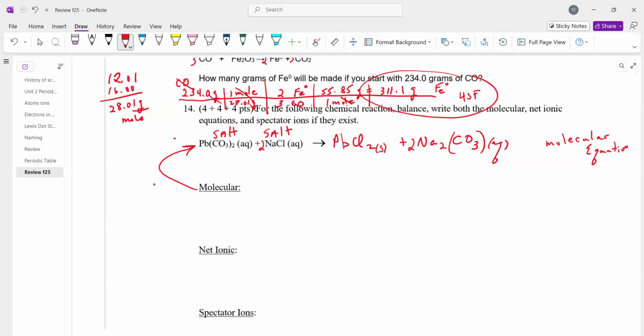Okay, net ionic. Net means something happened. What happened was we formed a solid. So how do we make the solid? Well, the solid is PbCl2. What came together to get that?